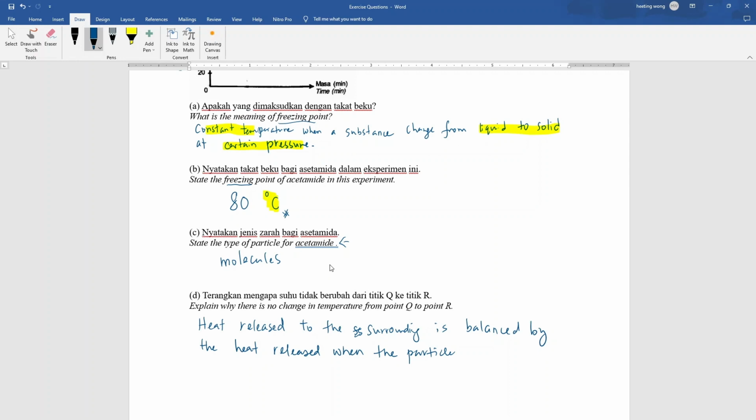So this is the explanation for the freezing process.